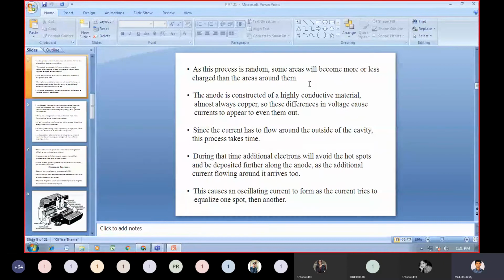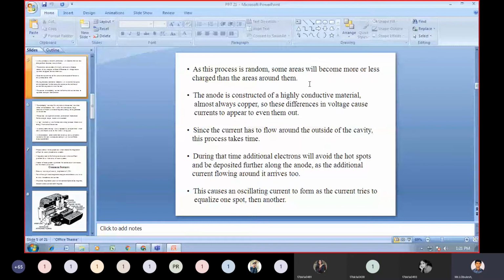As this process goes on randomly, some areas will become more or less charged than the areas around them.